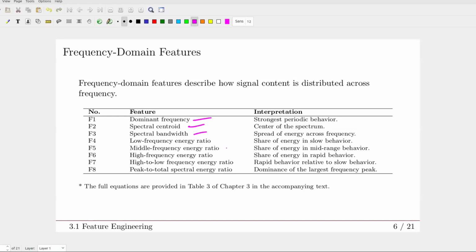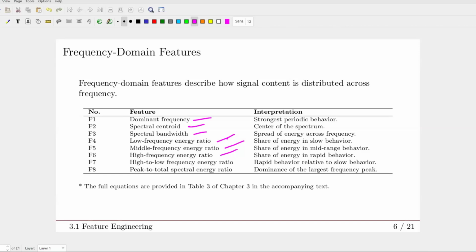And then a couple that I really like: a low frequency energy ratio, a mid frequency energy ratio, and a high frequency energy ratio. If I split my frequency components into three, do I have most of my energy in the low, the medium, or the high? One thing to think about is if you have a lot of data points, say your FFT is on 10,000 data points sampled, your Nyquist frequency is half of that, so 5,000.